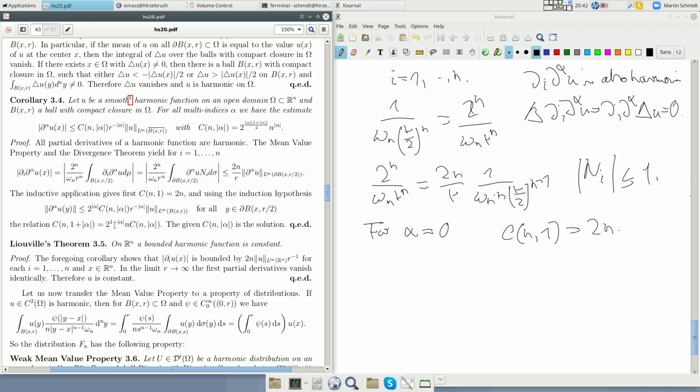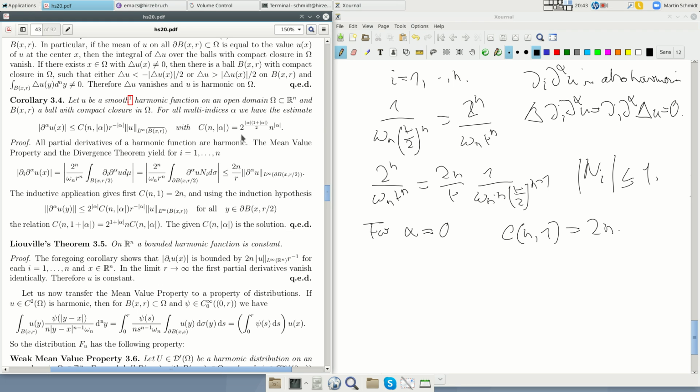Whenever we increase the length of the multi-index by 1, we get an additional n, and we get these powers. These powers are the sum over all lengths from 1 to the length of alpha.